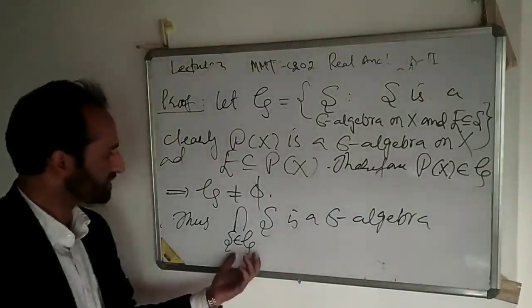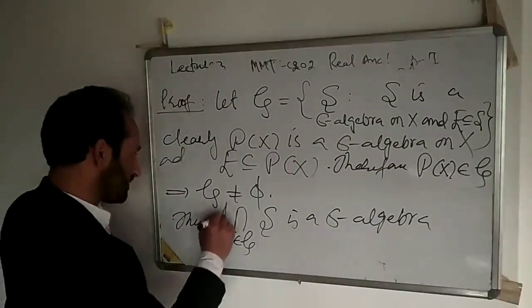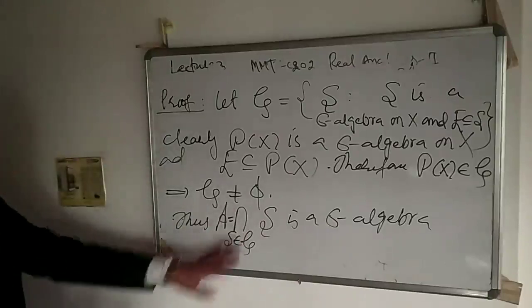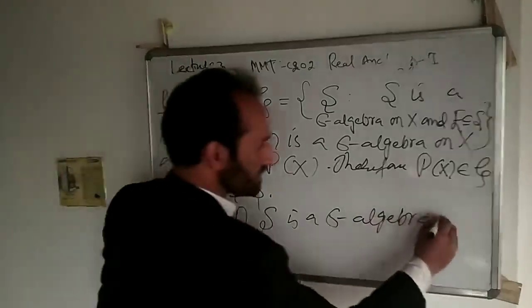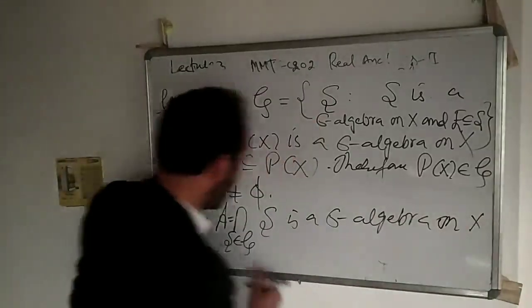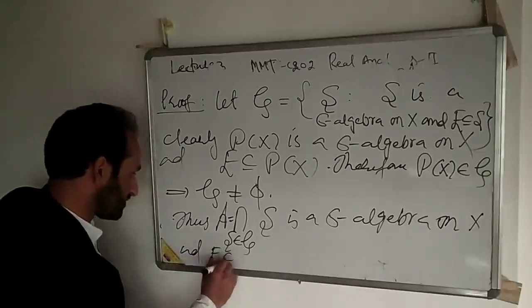Therefore, this intersection also contains F. So let's write this as A. A is the intersection of all sigma algebras. It's again a sigma algebra on X, and F is a subset of A.